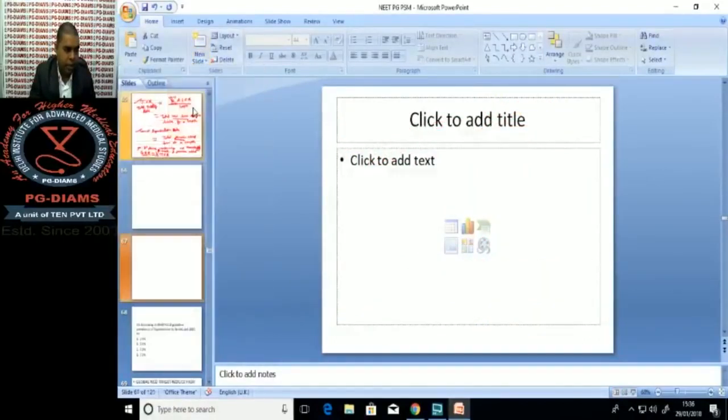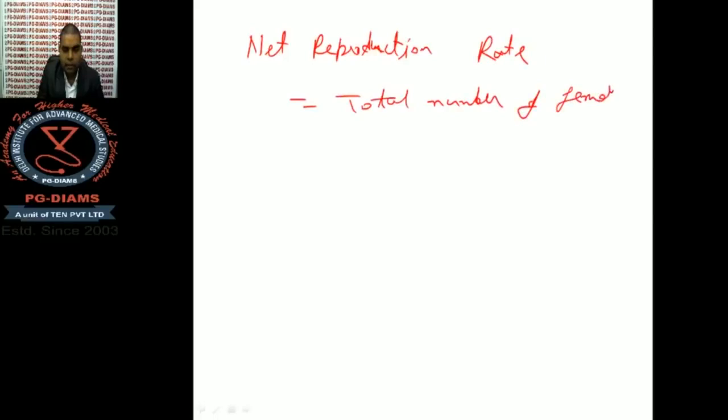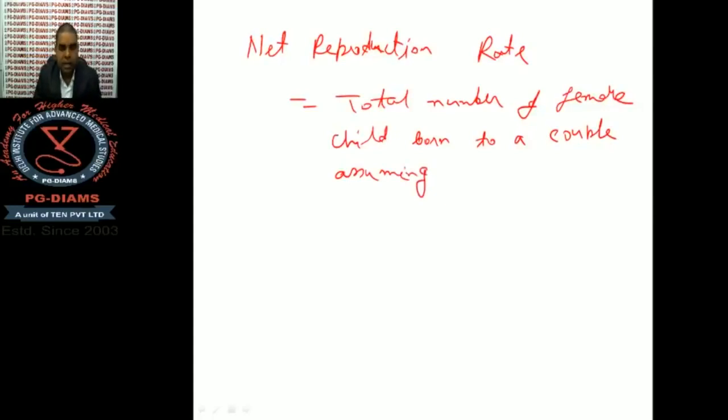So net reproduction rate, what is net reproduction rate? It is the total number of female child born to a couple, taking into account normal mortality rate.